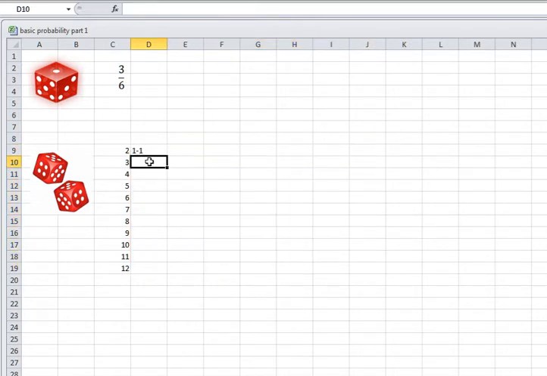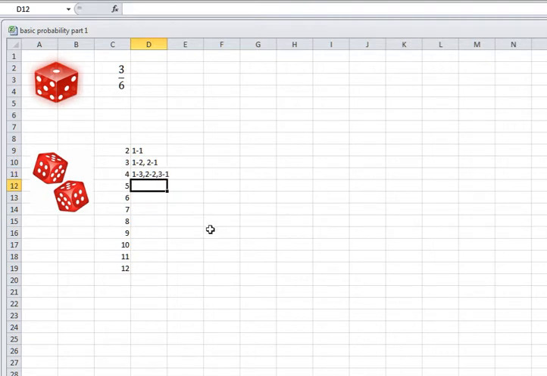1, 1. It would give you a 2. To get a 3, you could go a 1, 2, or you could go a 2, 1. To get a 4, a 1, 3, a 2, 2, or a 3, 1.